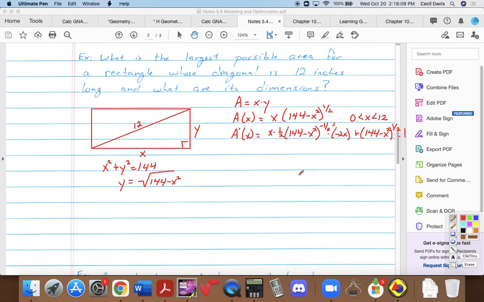For critical points, I'd like to figure out where that's equal to 0. I don't spend a lot of time cleaning these. I will spend a little bit of time. If you were having to do it by hand, then I would also factor.